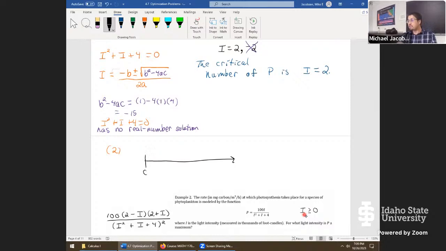So our number line starts like this, right at 0. Next, we put in the critical number of 2 somewhere on this number line. And I'll put an extra symbol here of I, just to remind ourselves, this is the I-axis for light intensity. Now there's 2 regions we have to test, from here to here. And we're testing in the first derivative, dP/dI.